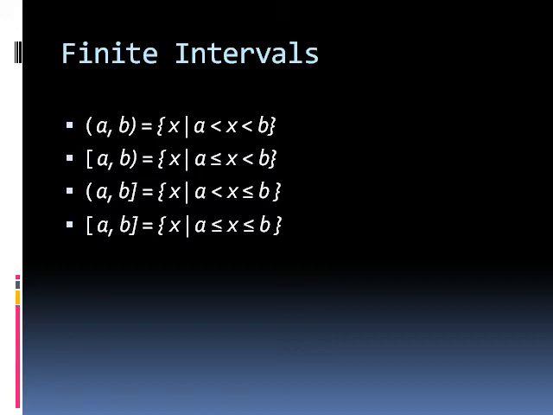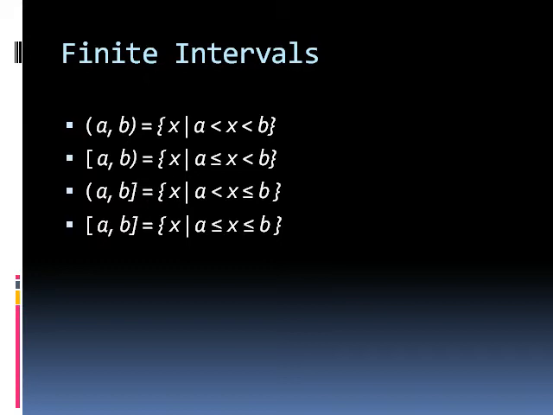So the convention equals x, a vertical bar, which means x can be represented in the range of a, where x is greater than a but not equal to a, and x is less than b but not equal to b.